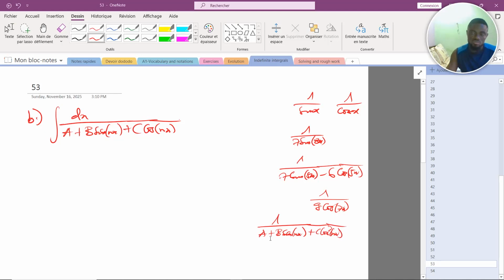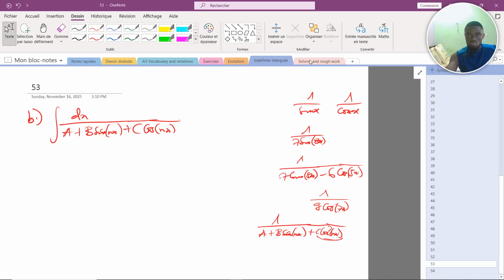How are you going to integrate it? Because it's no more cos nx here, it's instead cos square nx. Think a bit. How are you going to integrate this? The best way to go about integrating this is putting this in a linear form.